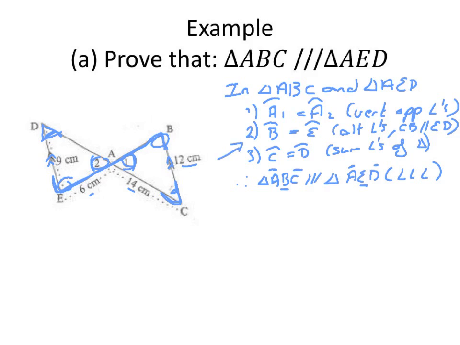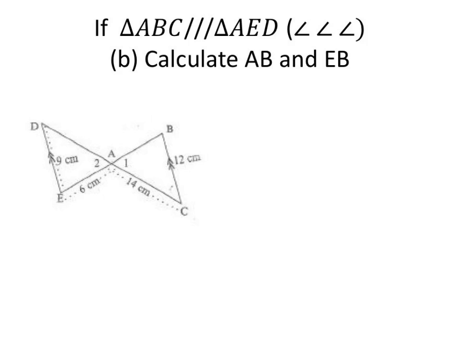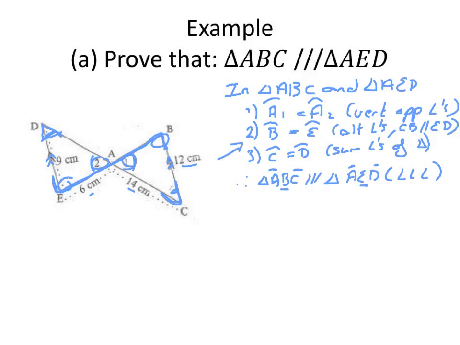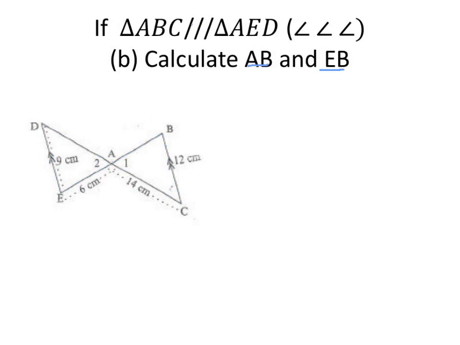But it's going to be important when we work on the next question, because in the same diagram, I want to calculate the length of AB and EB. So knowing that these triangles are similar, we've just proven it over here, I can go and find the lengths by writing the sides that are in proportion.